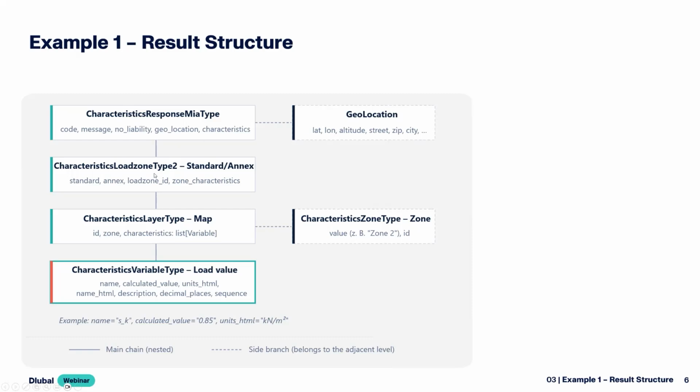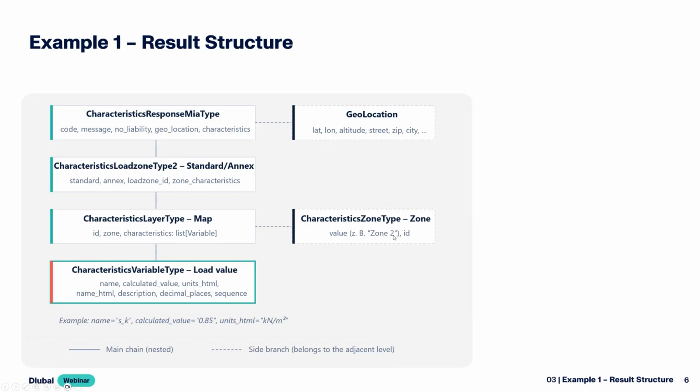In another structure, we get the standard and the annex in a different layer. This is one layered branch, and here we get another one where we have the standard, the annex, and the load zone ID. One further below, we have one branch with the zone and the characteristics.